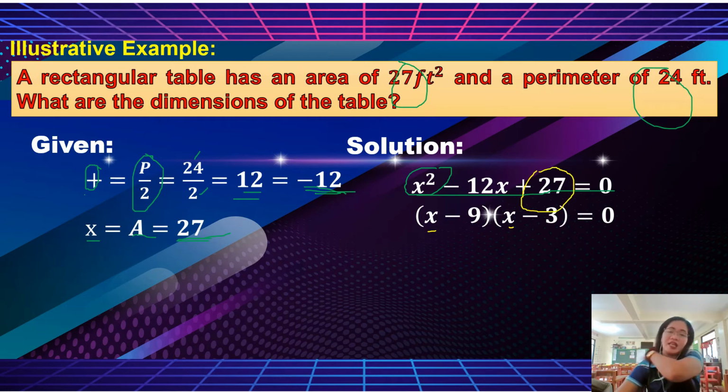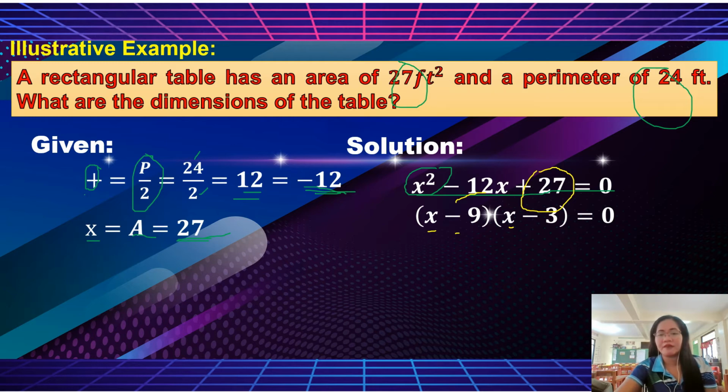Okay, that's 9 and 3, pero dili ka pwede magpataka og answer. Kinahanglan ang kanang duha ka factor ni constant, if you are going to add or subtract, kinahanglan mo equal siya sa value ni B, which is negative 12. Okay, since positive 27 man, unya, diri si B is negative, we are going to use negative 9 and negative 3.